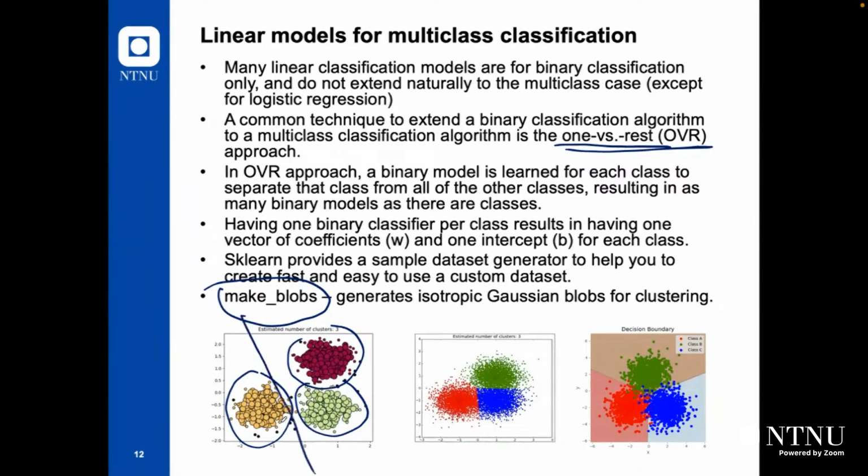I need to get a model to classify class 1 against the rest. I need to get another model to classify this one against the rest, and so on. So at the end, we will get three classes, for example, right? But you can also try to make it more complex by increasing the overlap between those classes, as you can see in this graph.